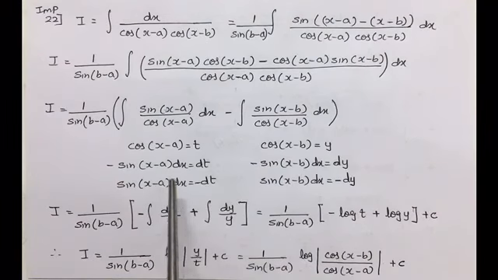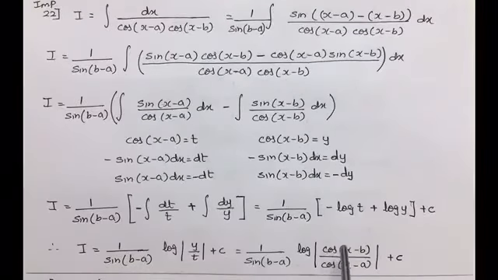Keeping the values in their places, we get minus integration dt by t plus integration dy by y, and integrating it, 1 upon sin b minus a remains as it is. Integration of 1 upon t becomes minus log t and 1 upon y becomes log y plus c.